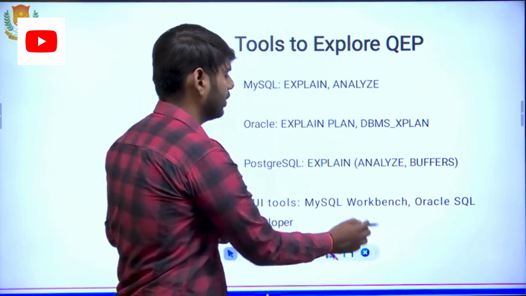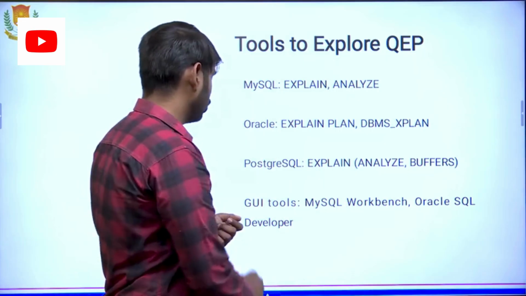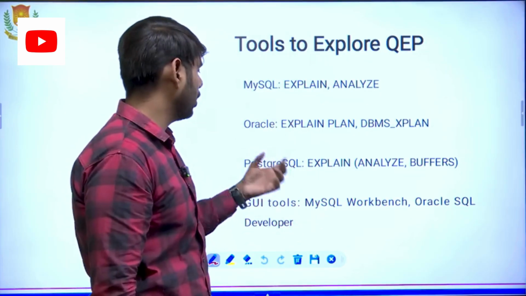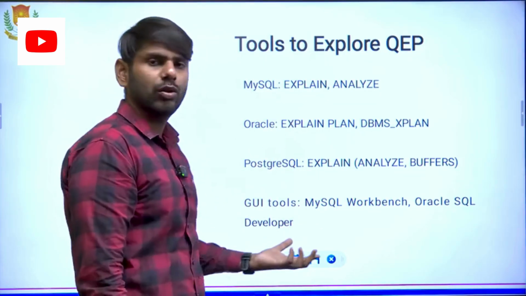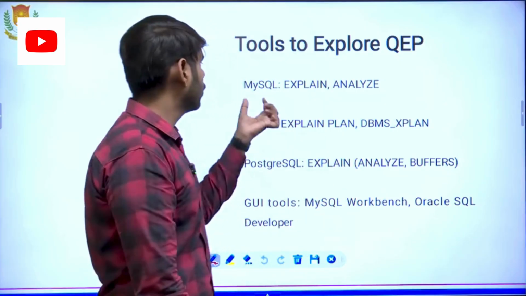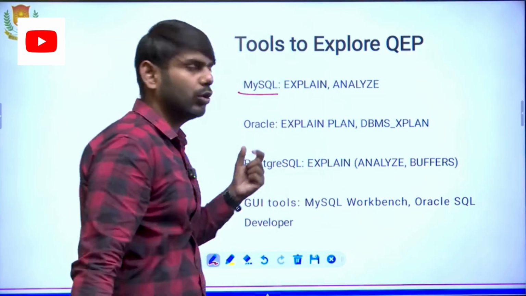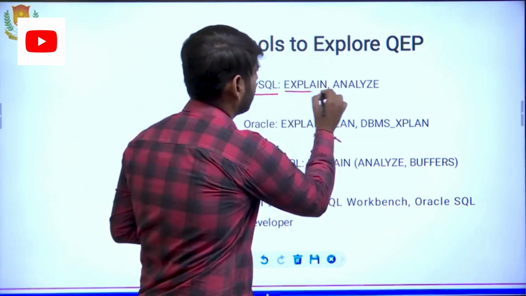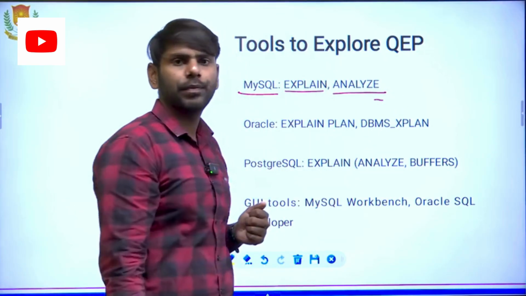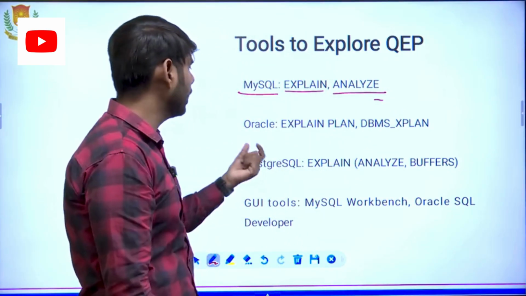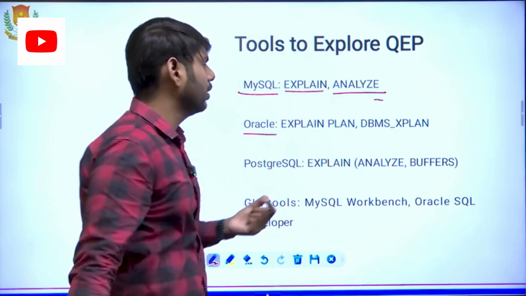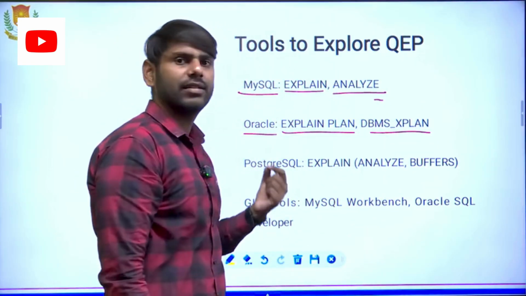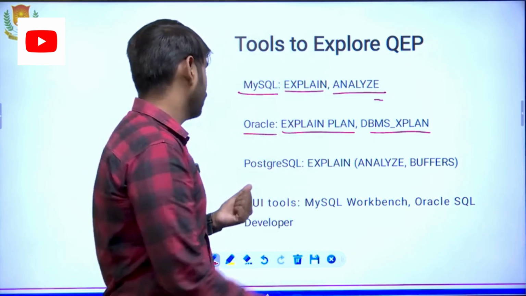So now this is about the tools, what tools you can use. If you are using MySQL, Oracle or PostgreSQL, we can use multiple tools. First one is MySQL. For the QEP you can use explain and analyze. Next, in Oracle you can use explain plan and DBMS_XPLAN.